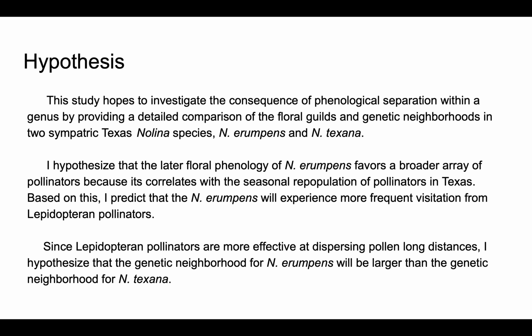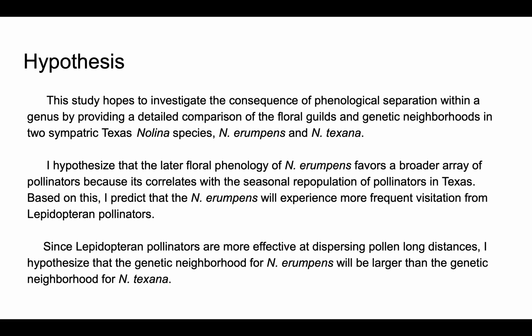So my hypothesis is, or I should recapitulate this real quickly, the study hopes to investigate the consequence of phenological separation within a genus by providing a detailed comparison of the floral guilds and genetic neighborhoods in two sympatric Texas Nolina species.